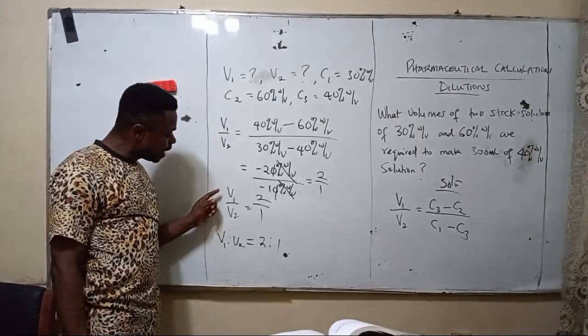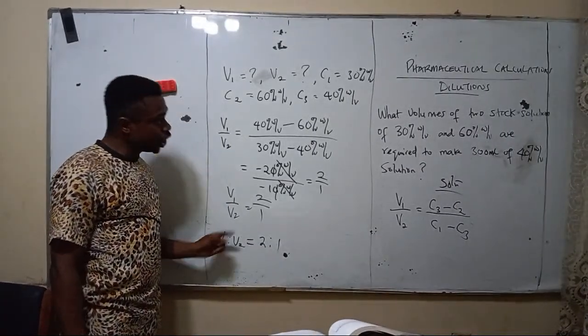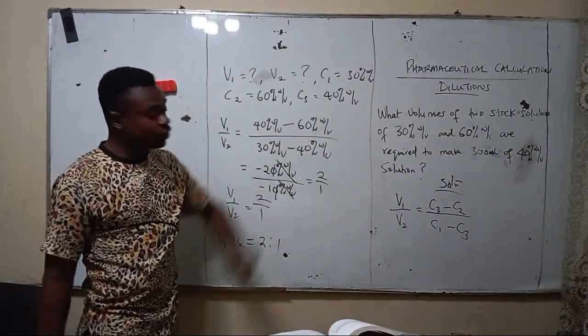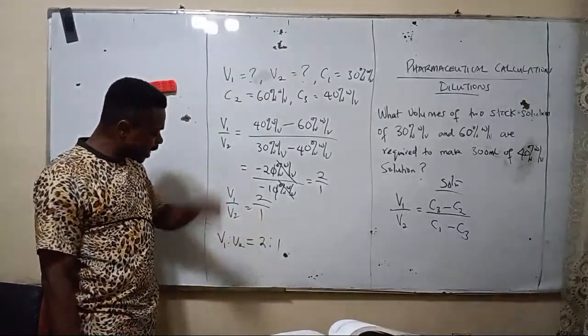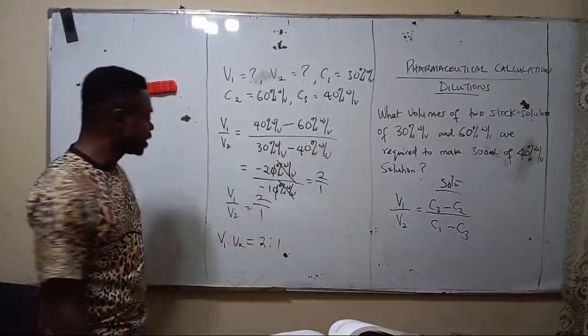That means if you combine V1 plus V2, it will give you 300 ml. So how do we get the actual values of V1 and V2 using this 300 ml?